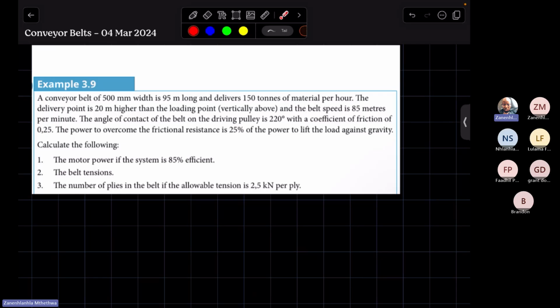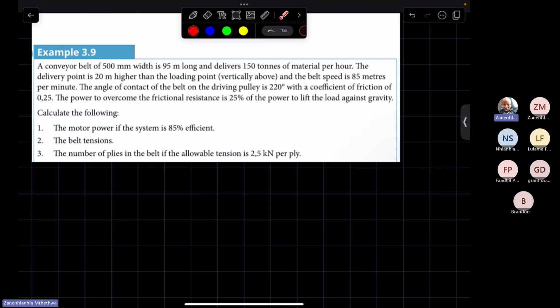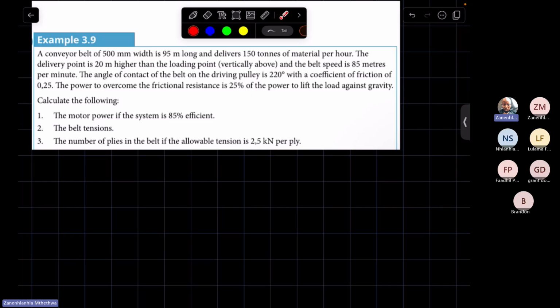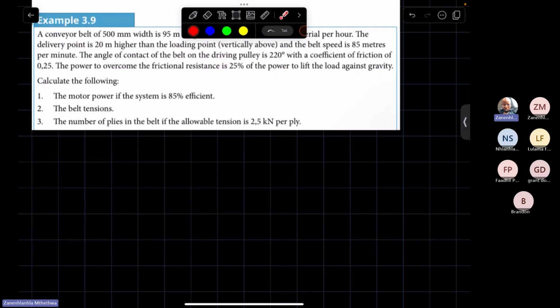Now, the conveyor belts you'll be looking at are always at an incline. So the loading point is always at an angle to the horizontal, or to the ground, and is at some distance to the delivery point. So essentially, for conveyor belts, this is what we are going to look at.